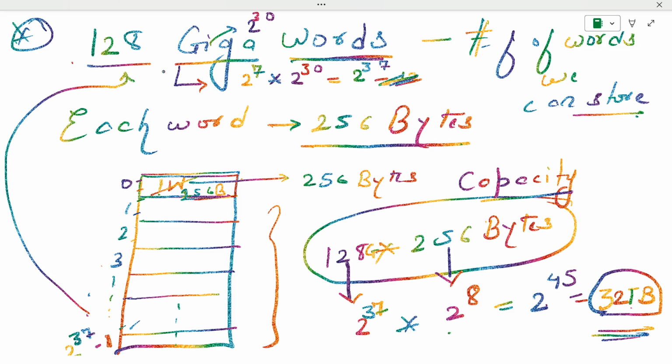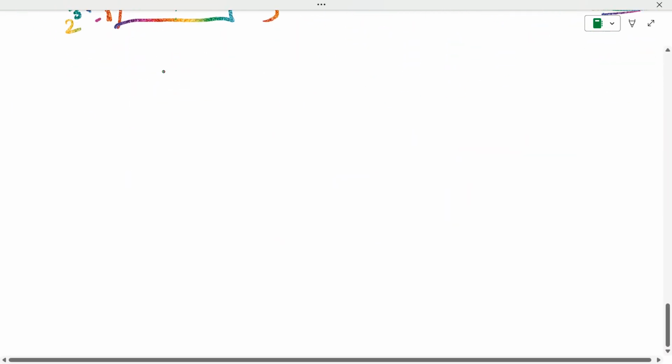Okay, so is it clear how we calculate the capacity of memory in terms of bytes and in terms of words? There is one more question, let's see it. Again, we have a system. A system can be a RAM chip or any such system where we have storage capacity.